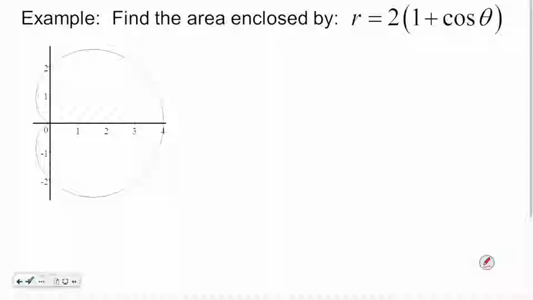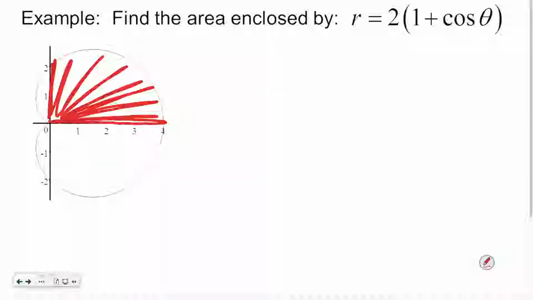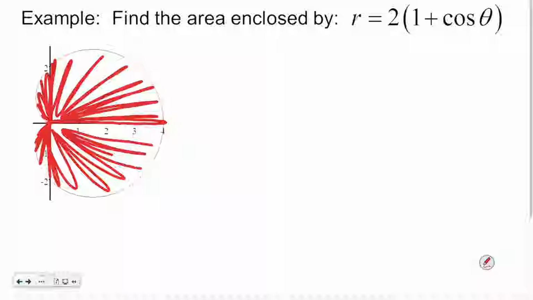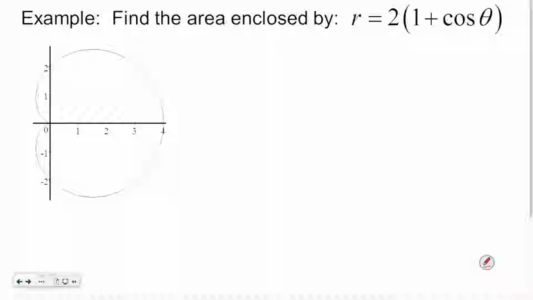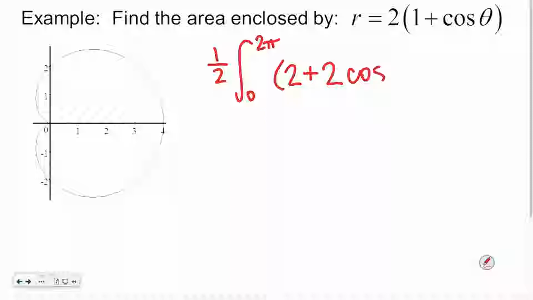If I start here at 0, we would have to go 0, pi over 2, pi, 3 pi over 2, all the way until 2 pi to get all of that area colored in. We would have to say 1/2 integral from 0 to 2 pi of, I'm going to go ahead and write it as, 2 plus 2 cosine of theta. Is that okay with everyone?